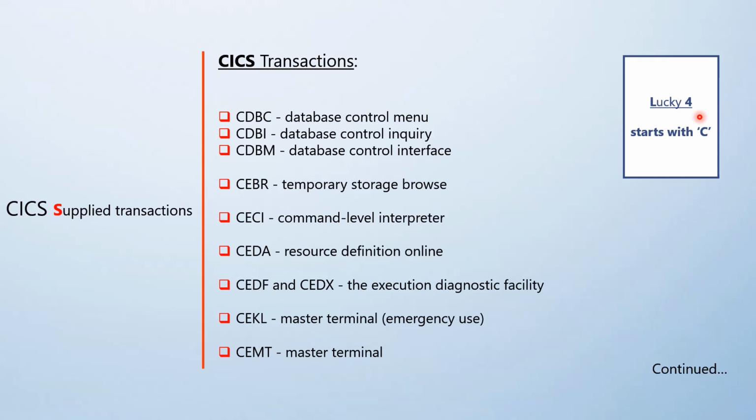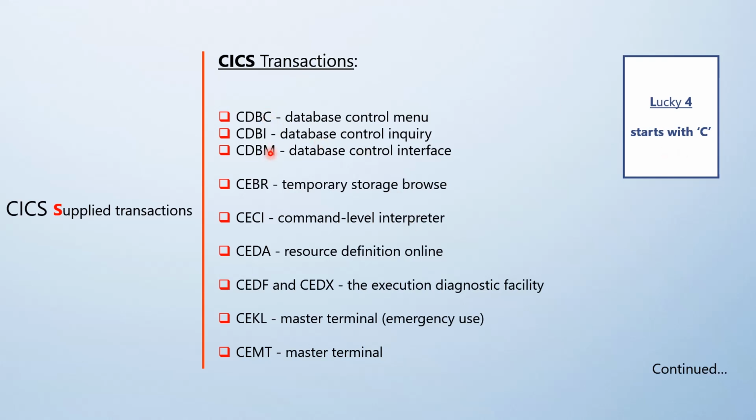So each CICS transaction starts with the letter C, and also they are of size 4 characters. So beware when you use the character C for your application transactions, CICS might throw a warning at you. Okay, so these are the bunch of CICS transactions.